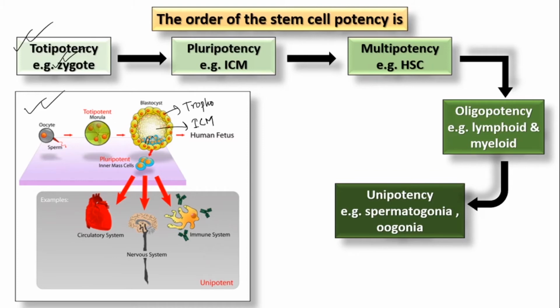This blue region is the ICM, and this ICM can build the total or entire body but not the outer boundary, that is the trophoblast, and this trophoblast is very essential for the development of any fetus, because it provides the placenta. Totipotent is the morula, and this morula or zygote is formed by the fusion of ovum and sperm.